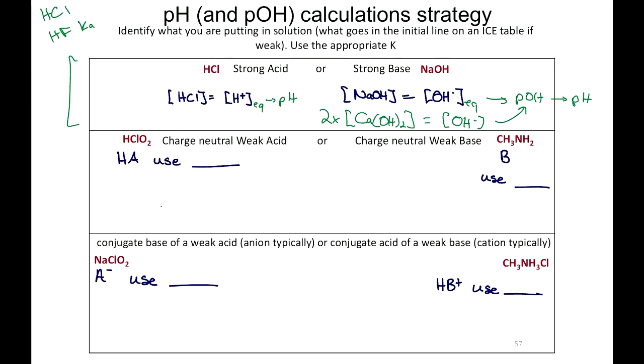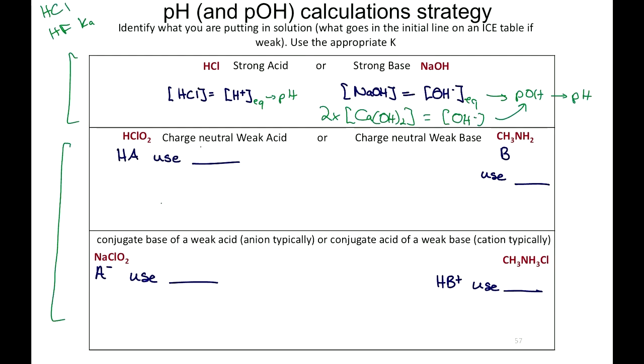Okay, so it's the weak acid systems that are harder, and weak base systems. So let's say I give you a charge neutral weak acid. I think this is chlorous acid, so this is a weak acid. If I give you chlorous acid, this is an acid, so it makes most sense to use Ka.